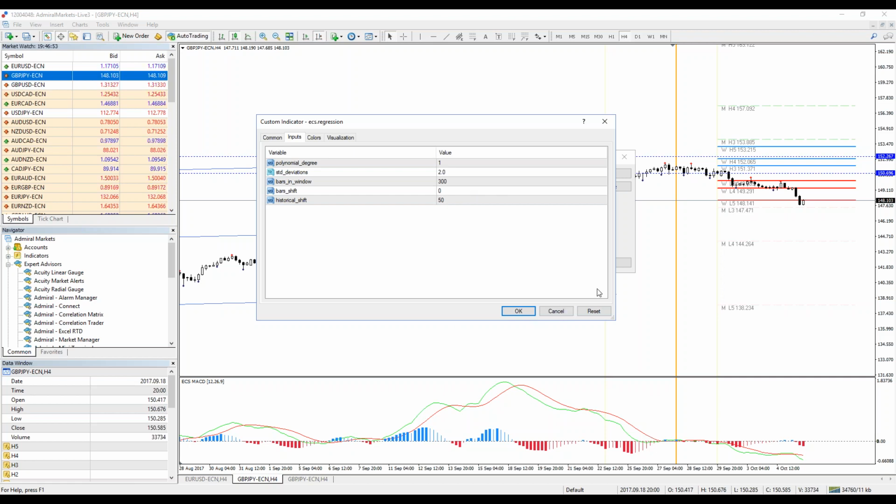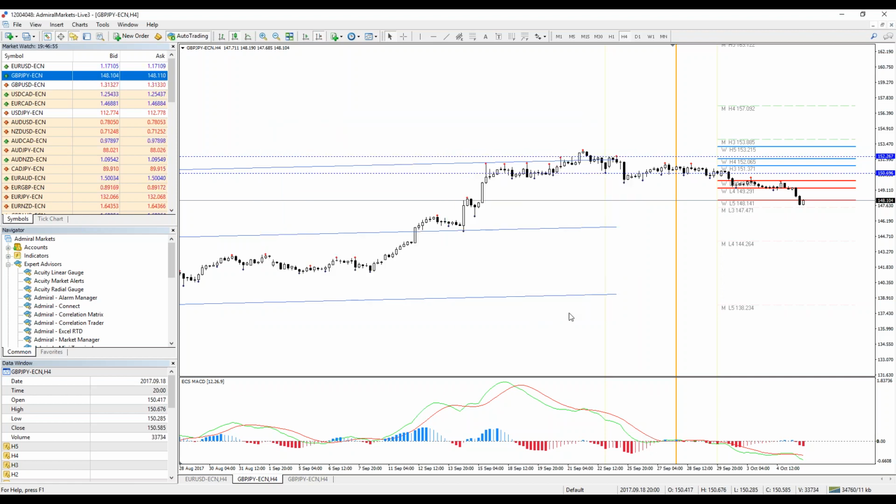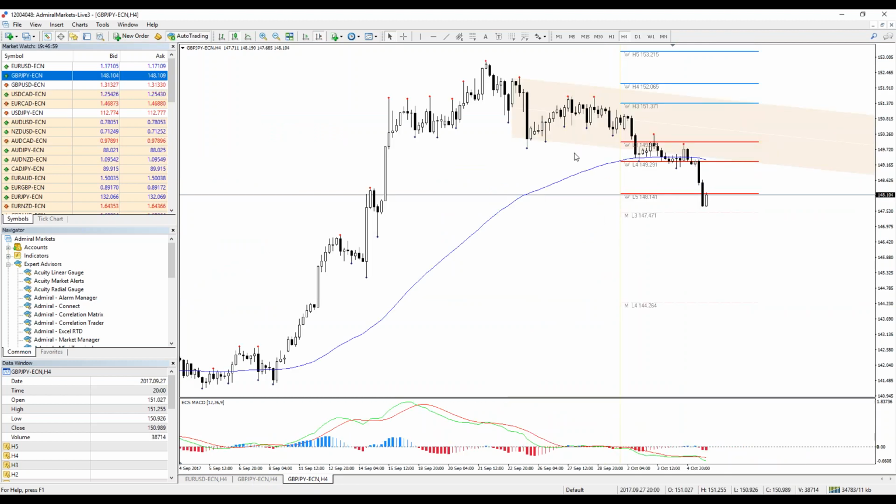Now, based on this polynomial regression channel, we made something similar, and I've been using it lately for my analysis. This is called the polynomial progressive channel. You won't find it on the internet by that name, of course, because the word progressive is not used a lot by traders.